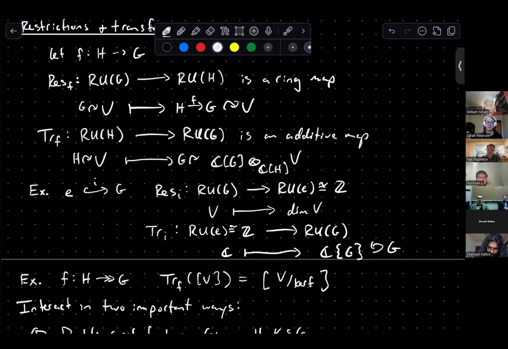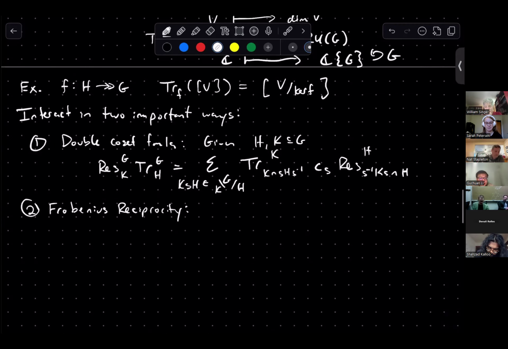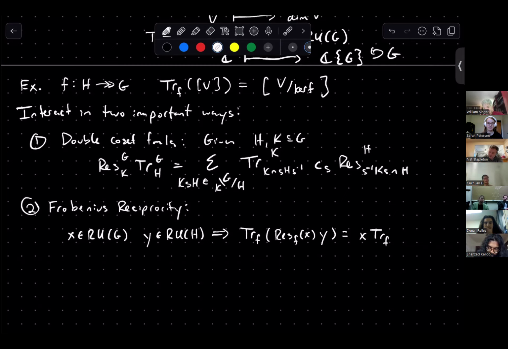Well, it's the one induced by restriction along F. So in symbols, this says that if I've got X in RU of G and Y in RU of H, then the transfer along F of the product of the restriction of X with Y is X times the transfer along F of Y. And that just says that it's a map of RU of G modules.